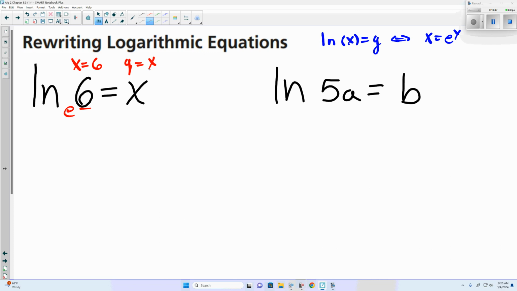But if we rewrite this out, 6 is equal to e to the x. Well, y is x, so we're just lining them back up. Because when we looked at these the other day with logarithms, log base b of x equals y, b to the y is equal to x, same thing. Questions on this here?